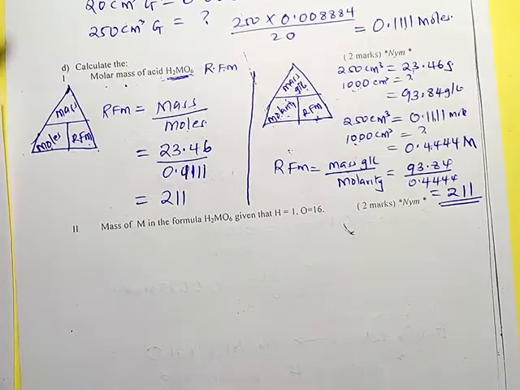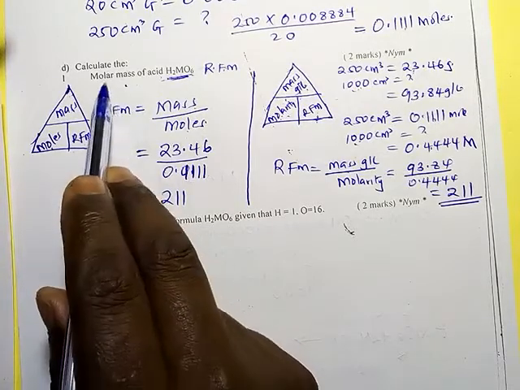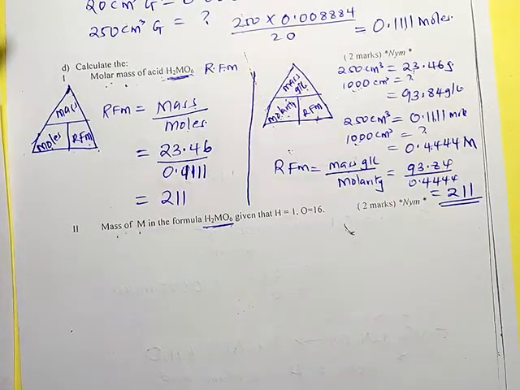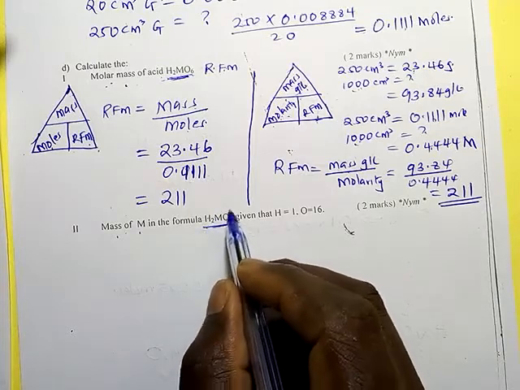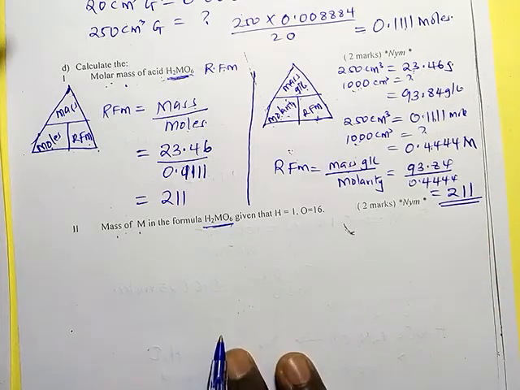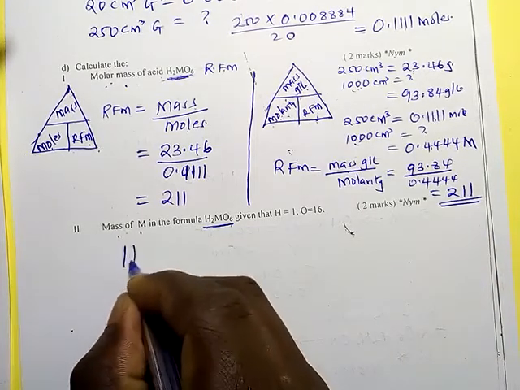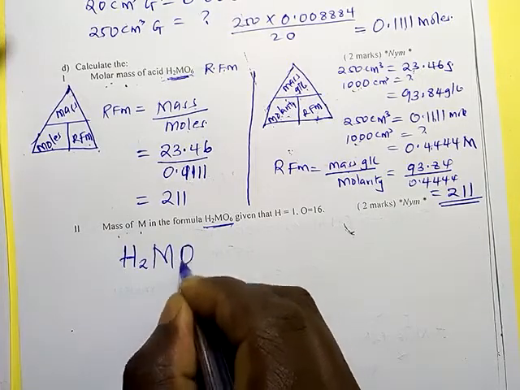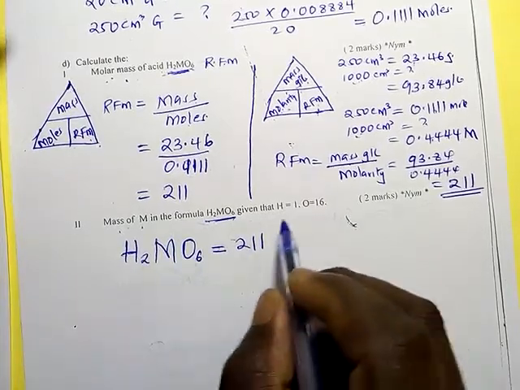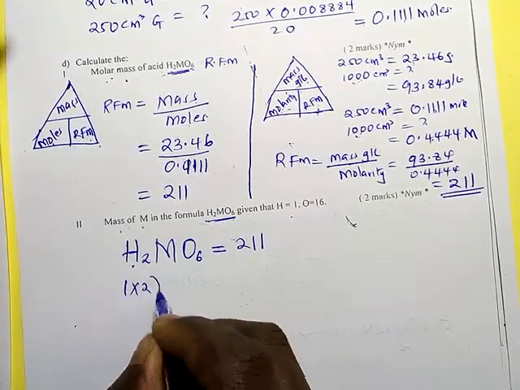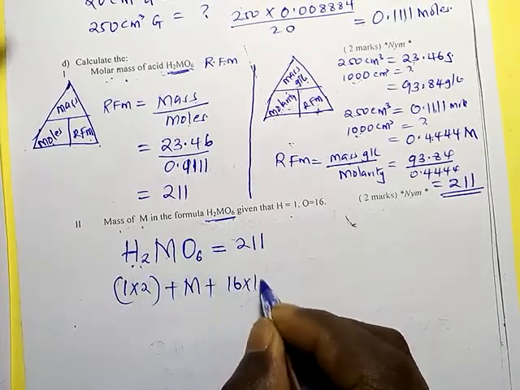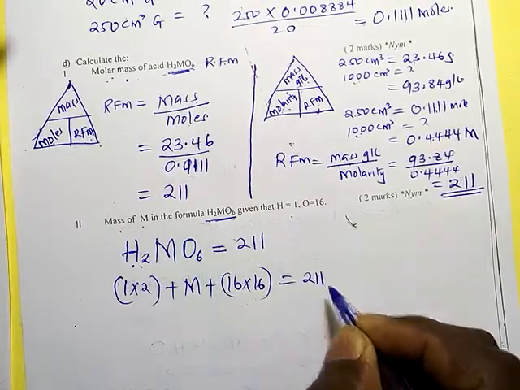Lastly, calculate the mass of M in the formula here. We know that when you add everything here, you get 211, so that is easier for us to get M. H2MO6: hydrogen is 1 times 2, plus M, plus 16 times 6, which will give you 211.